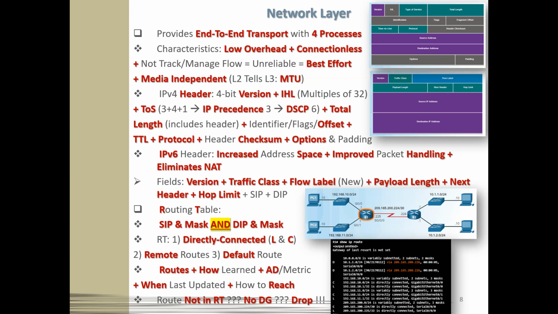Next, 3 header fields in gray color for IPv4 are identification, flags, and fragment offset, respectively. Identifier, flags, and fragment offset. Well, as an IPv4 packet moves through the internet, it might need to cross a route that cannot handle the size of the packet.